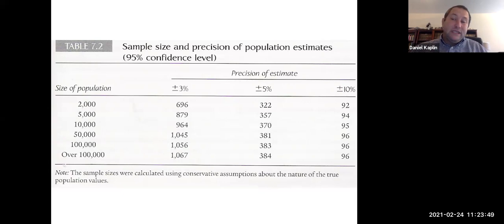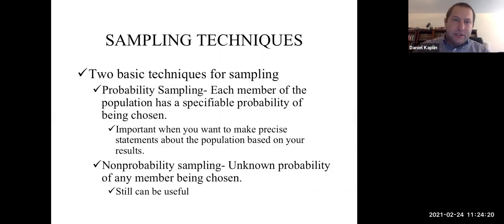But if the population's over 100,000, all you need is 1,000. So roughly 33%, roughly 1%. I want you to think about that, and sometimes even less than 1%. So as sample size increases, confidence intervals decrease, that's in general. But at a certain point, sample size plateaus at about 1,000. That's what this graph is supposed to show you.